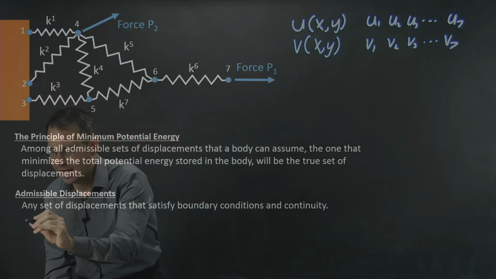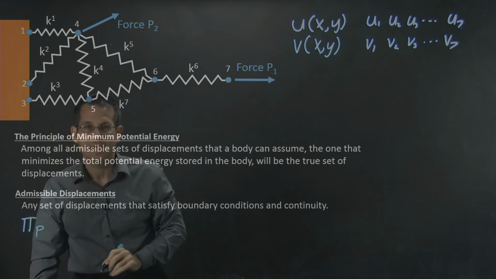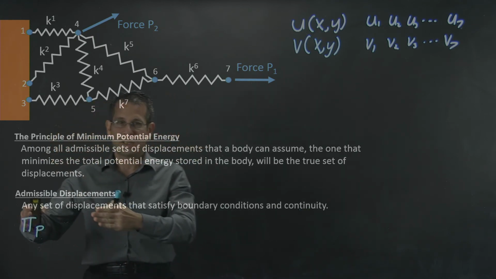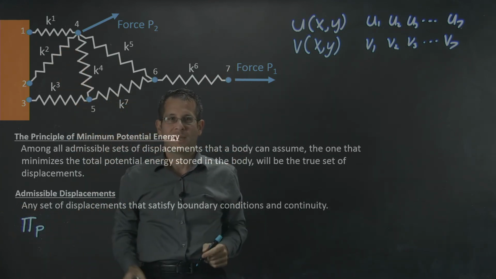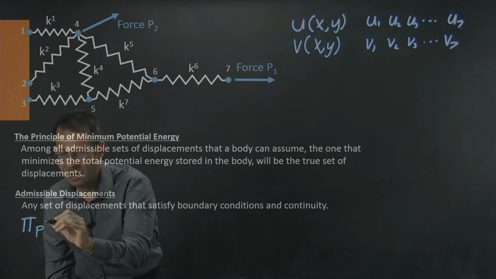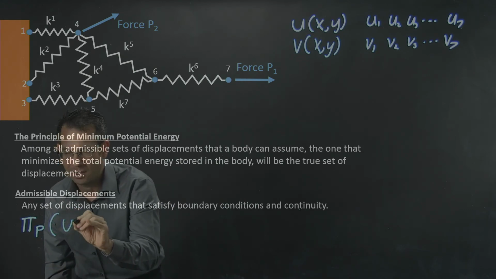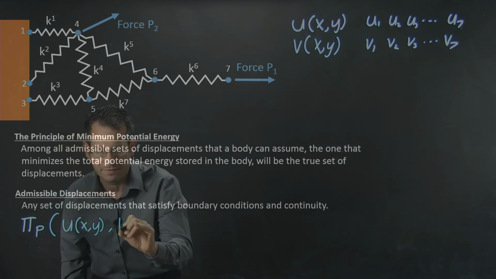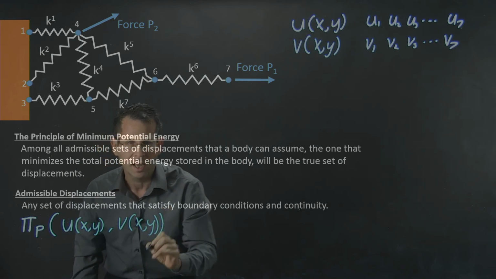In this class, we will use the symbol pi sub p for potential energy. This potential energy stored in the system is a function of all of the displacements in the system. That is, the total potential energy in the system is a function of u, which of course is a function of x and y, and it's a function of v, which is also a function of x and y.